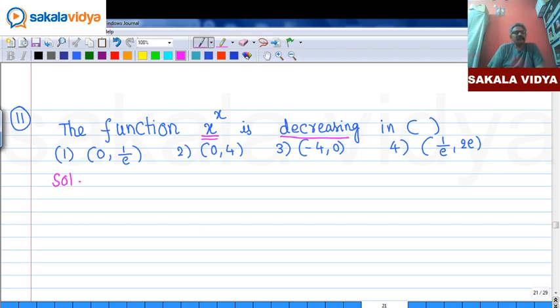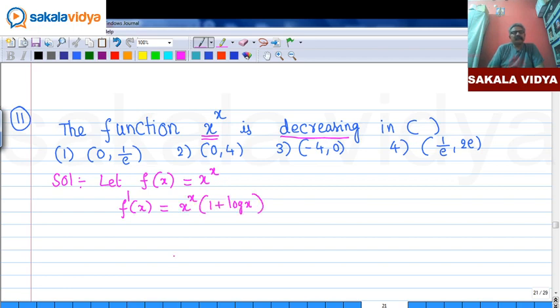Solution. First, let us suppose f of x equals x to the power of x, f dash x. We have a shortcut already, we have discussed. The derivative of x to the power of x is x to the power of x into 1 plus log x.